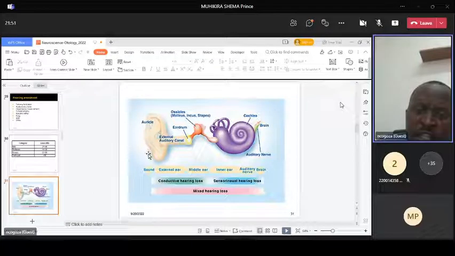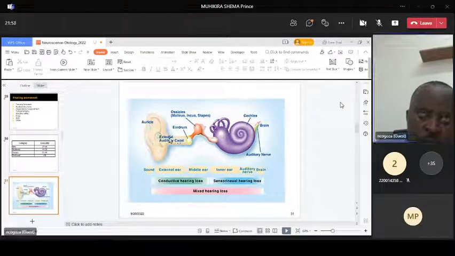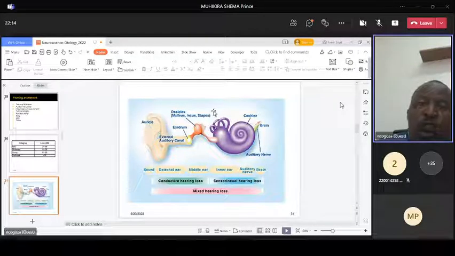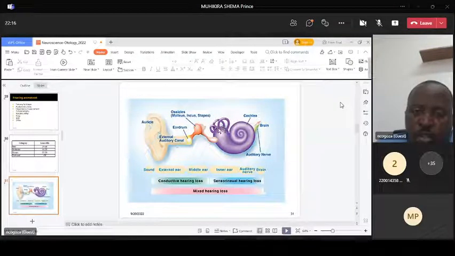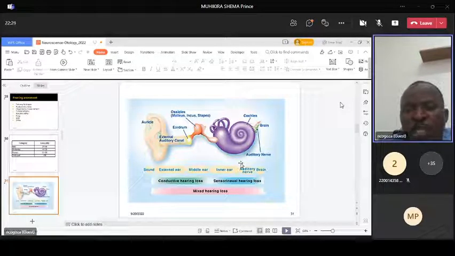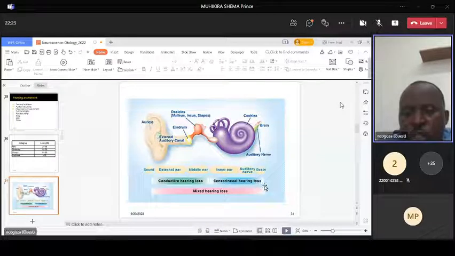Anything impairing this, like atresia or stenosis of the canal, like earwax, like foreign body, like perforation of the tympanic membrane, like trauma to the ossicles, like infection in the middle ear, whatever impairs the transmission of sound at this level is called conductive. So when you go into the cochlea and the nerve to the brain, this is called sensorineural.